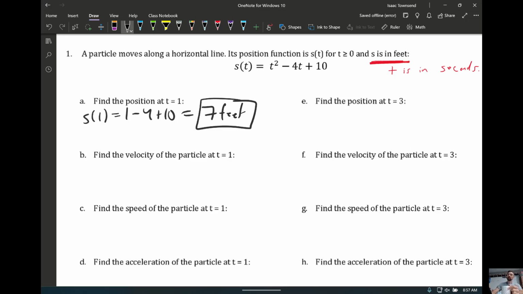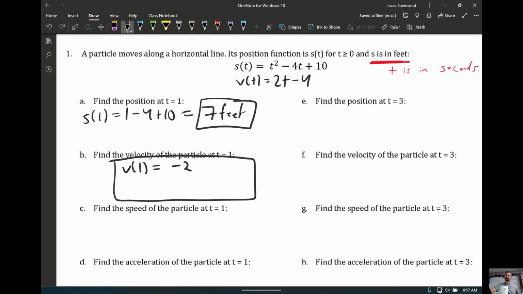If you want to know the velocity at 1 second, you would need to plug 1 into the velocity. But the velocity equation may not be given to you. So you would need to say, well, if I've got position, taking the derivative of position gives me velocity, and then you just plug 1 into that, and you get -2.